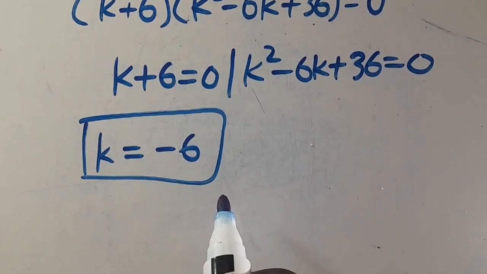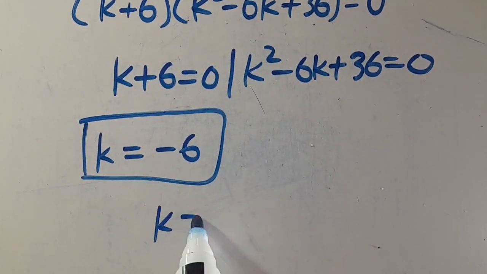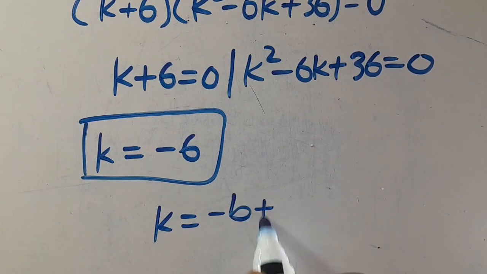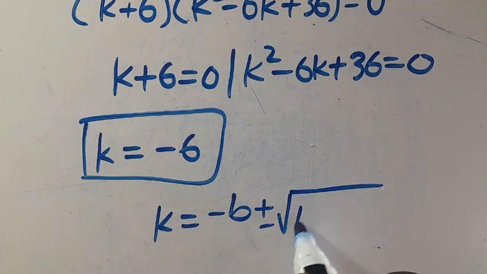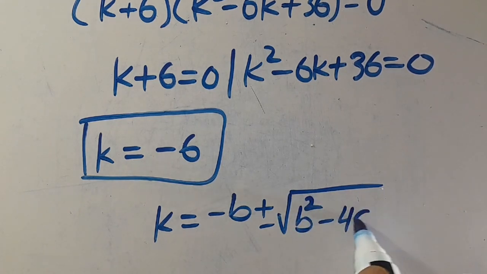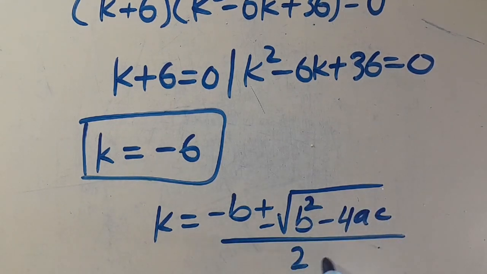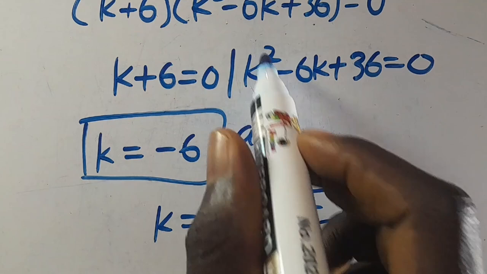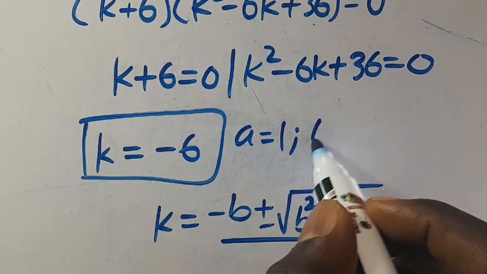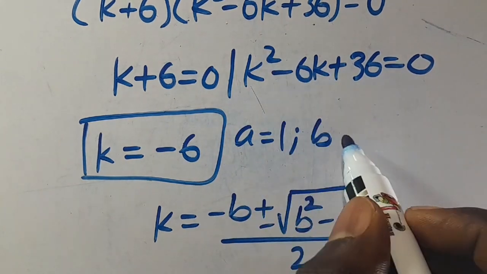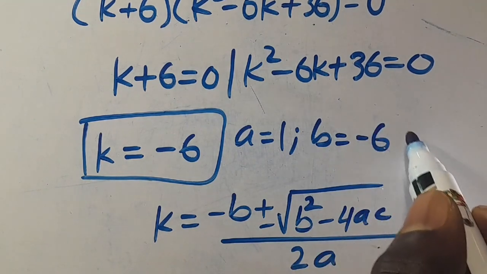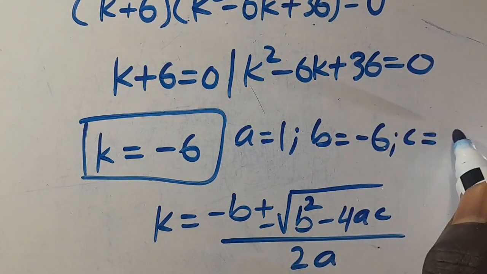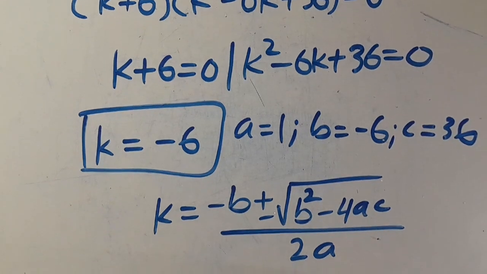Then from here, we apply the quadratic formula: k equals minus b, positive or negative, square root of b square minus 4ac, divided by 2a, where parameter a is the coefficient of k square, which is 1, parameter b is the coefficient of k, which is minus 6, and c equals 36.